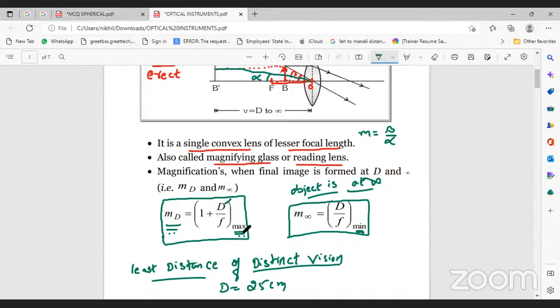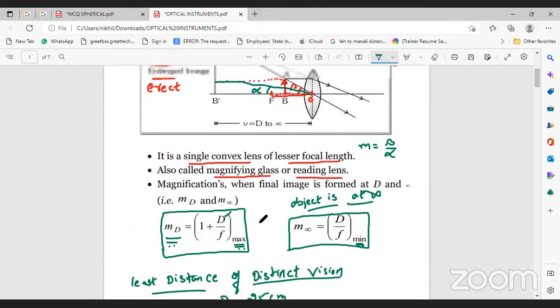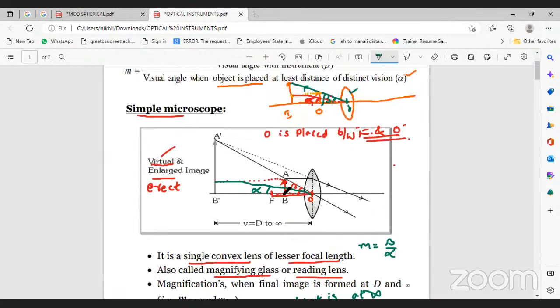Now, what will happen if the object is placed beyond the principal focus? Image will be formed at infinity, sir. No. The image will be formed at infinity when you place it exactly at the principal focus. I am telling beyond.